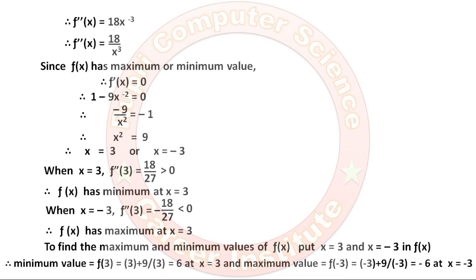Therefore the minimum value is 6 at x is equal to 3, and the maximum value is minus 6 at x is equal to minus 3. This we solve.